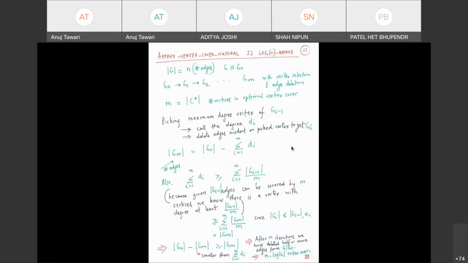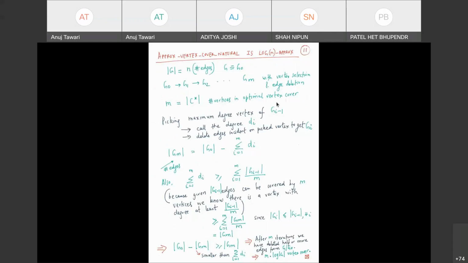So what we know is that at any stage, whatever graphs we are considering, this particular m size vertex cover was covering all the edges. So even after you delete some edges from this graph, this vertex cover is still going to cover them.